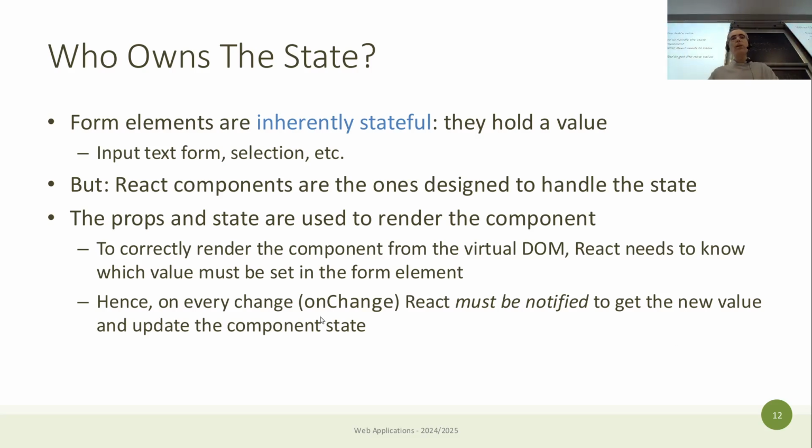So React needs to know which value must be set in the form element, and it means that on every single change, even typing a character, deleting a character, changing a selection, and so on, React must be notified to get the new value and update the component state. In turn, this will re-render the component, and so will make the change appear in the user interface.